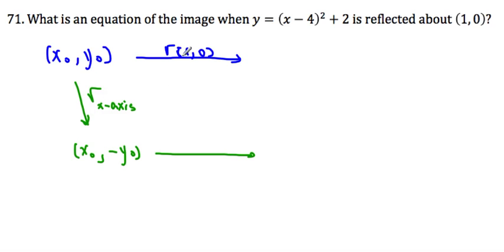Now, take care of the other one, which is reflection over x equals 1. That means what we end up getting is the y value stays the same, but the x value will now be 2 minus x naught, comma, negative y naught.